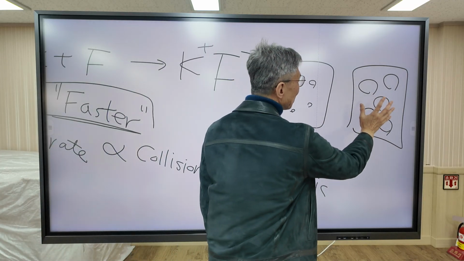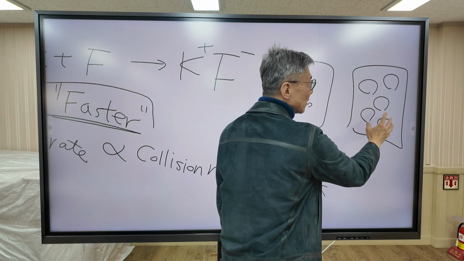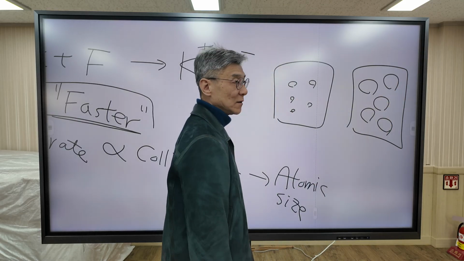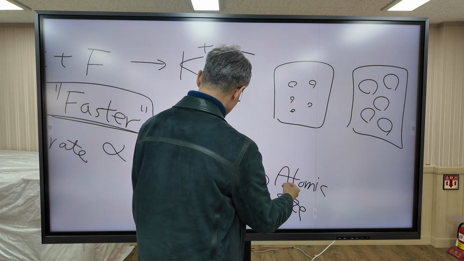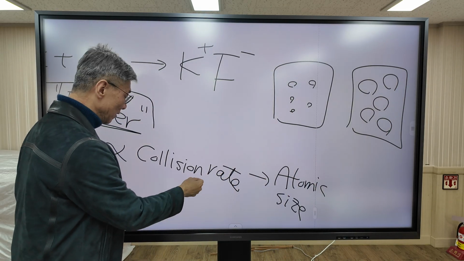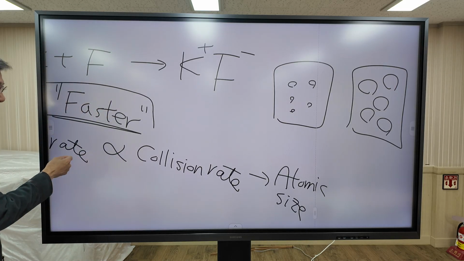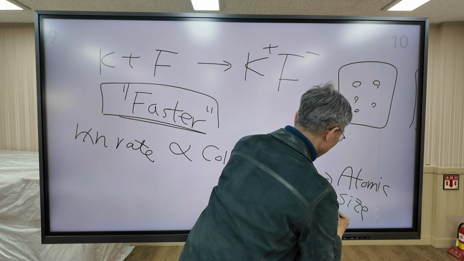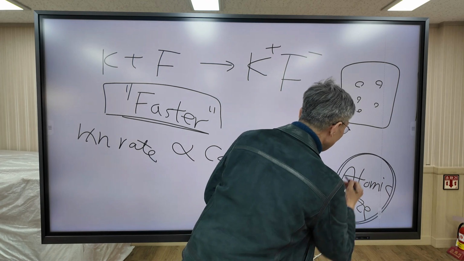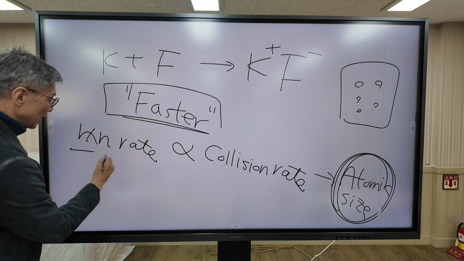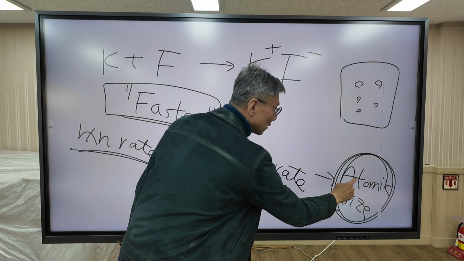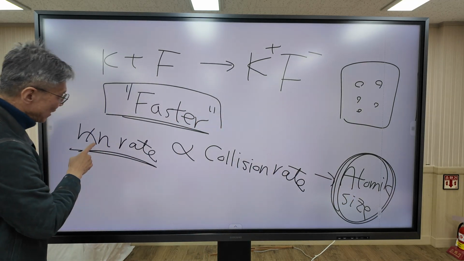Definitely the right box has a higher collision rate because the atomic size is large, so they frequently collide with each other. So atomic size reflects the collision rate, and the collision rate reflects the reaction rate. Consequently, knowing the atomic size, we can estimate the reaction rate.